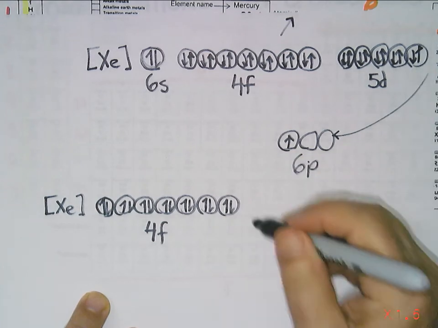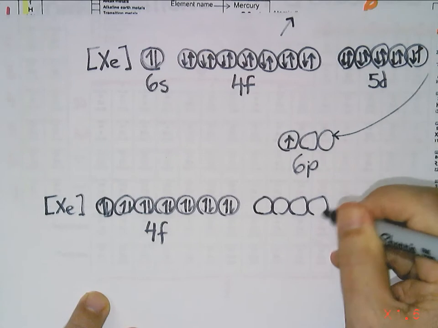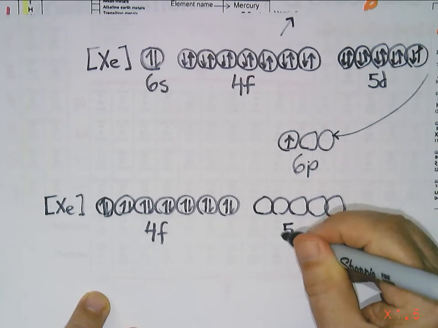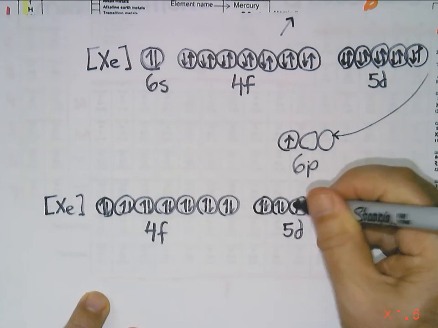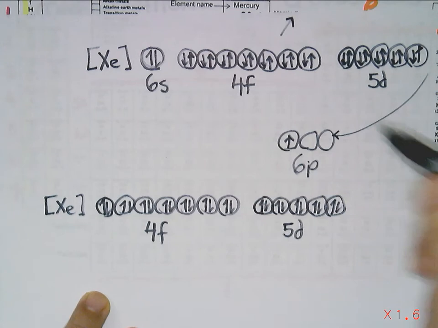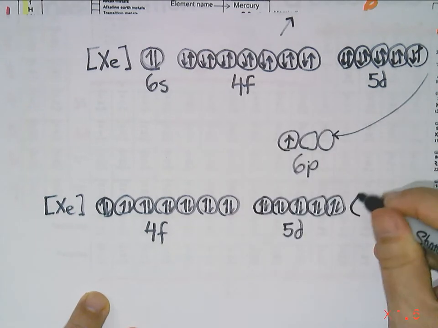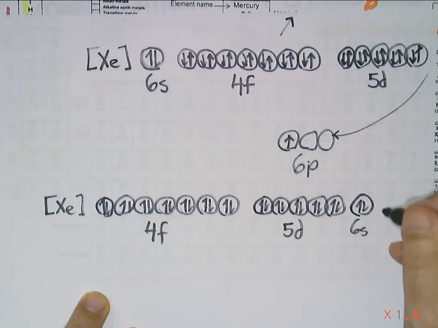Then the 5d comes next with 10 electrons in it. Then the 6s with 2 electrons in it, and then the 6p with 1.